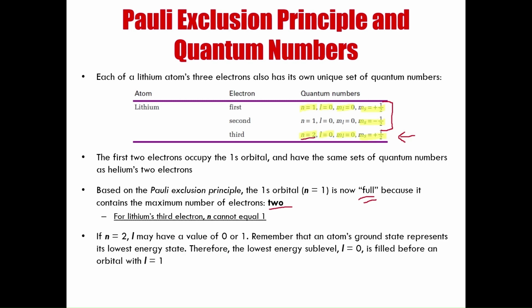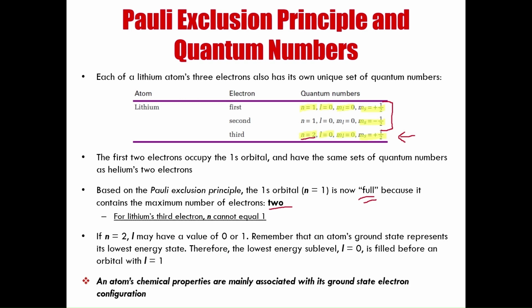The n equals 2 value for lithium has 2 potential L values, 0 or 1, 0 being an s orbital and 1 being the p orbitals. Remember that an atom's ground state represents the lowest energy state. Therefore, the lowest energy sublevel, L equals 0, must be filled before you can move on to L equals 1.